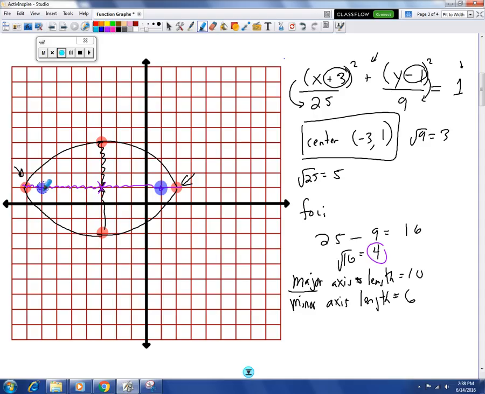That's my other foci. So that's 1, 1, not 1, 0. And this point right here is -7, 1. And these are our foci. And that's really the basics of what I wanted you to get from how to graph ellipses.